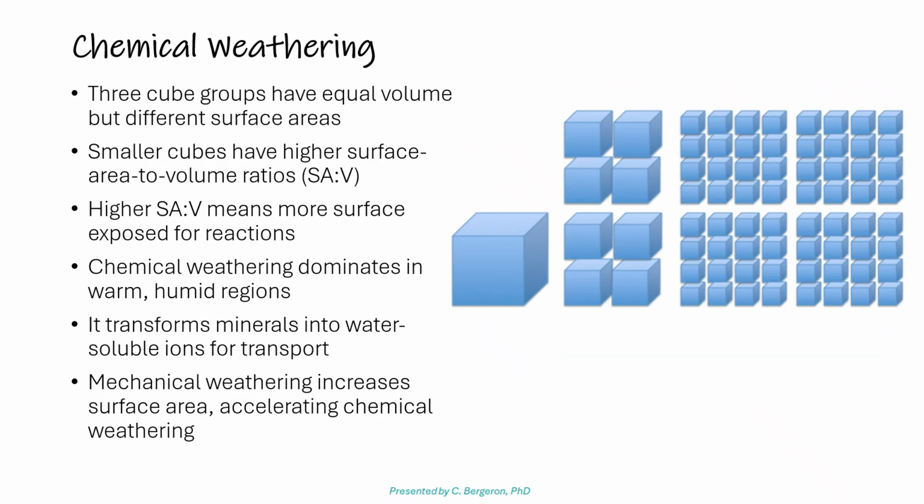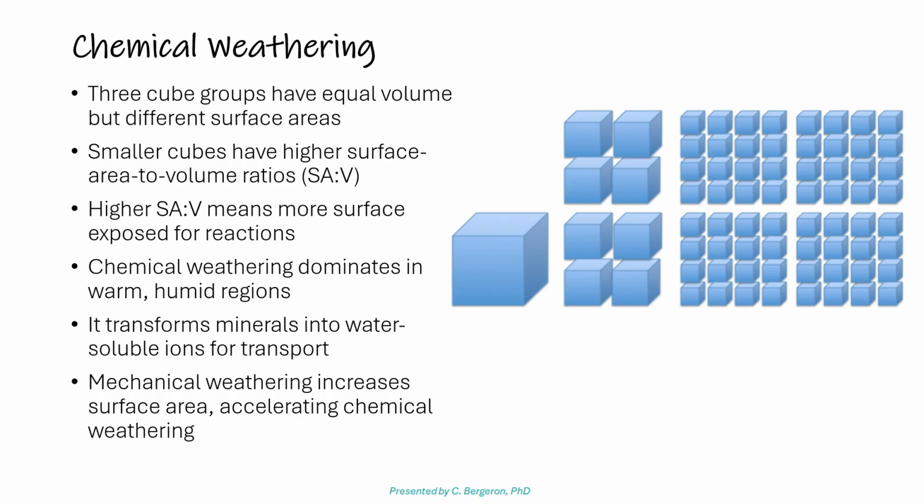Now remember, chemical weathering is the breakdown of mineral material through chemical methods like dissolution and oxidation. Chemical weathering is really the main type of weathering in warm, humid environments.